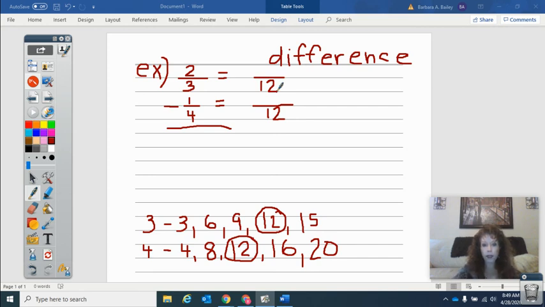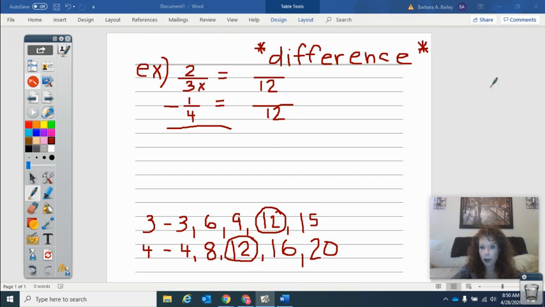Now I need to find that numerator because I'm trying to find the difference between 2/3 and 1/4. Difference means subtract. I need to make these fractions still equivalent. I just can't pick any random numerator to go over 12. So I have to ask myself, 3 times what number makes 12?